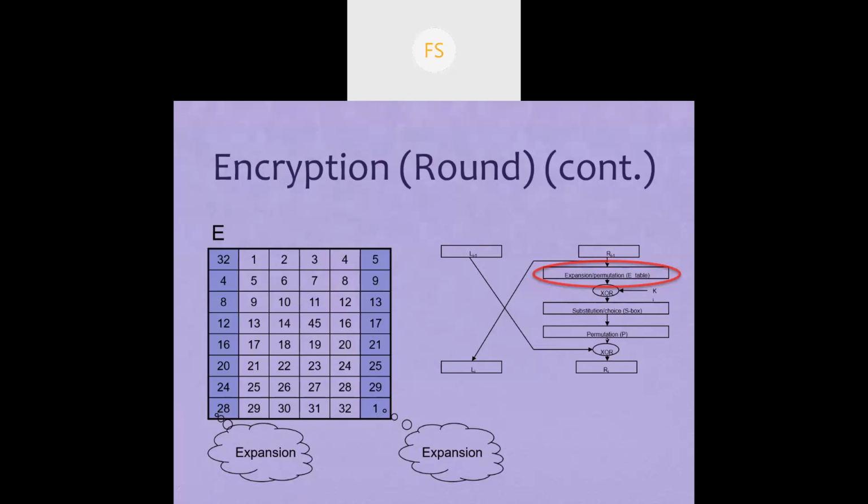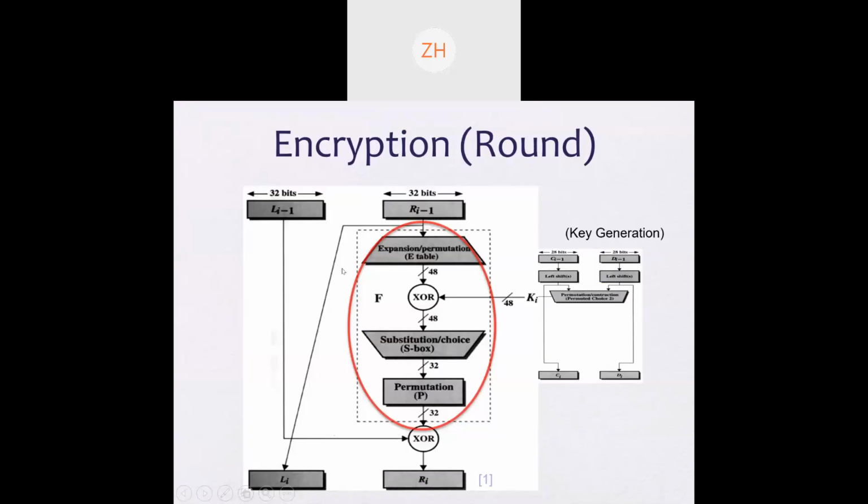So how do we know this is bit 1, bit 2, bit 3, bit 4? For instance, here. How do you know this one is bit 1, bit 2, bit 3, bit 4? For DES, you have to read from left to right.